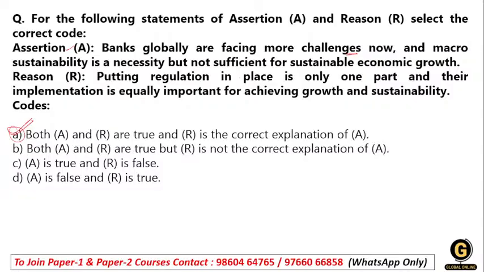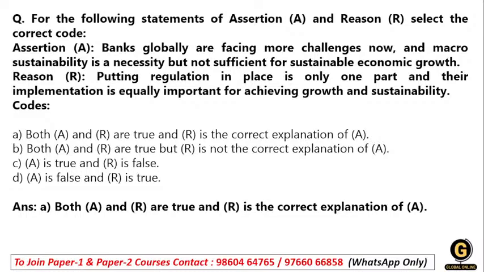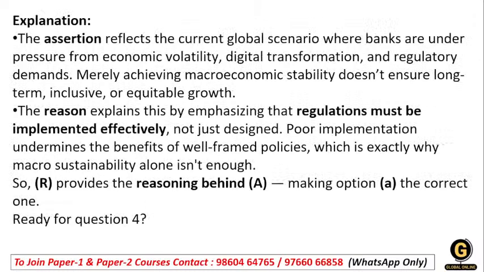And the reason, that putting regulation in place is only part and implementation is equally important for achieving growth and sustainability, is also true, because most of the time the emphasis is that regulation must be implemented effectively. So yes, both are true, and option number A is the answer.